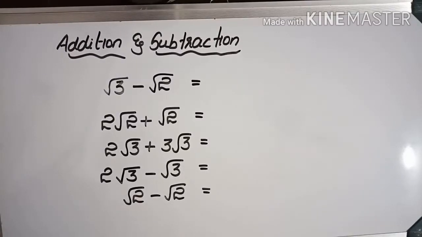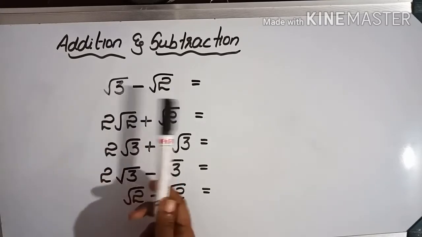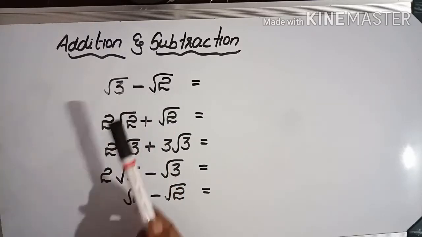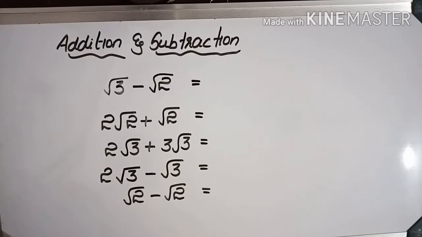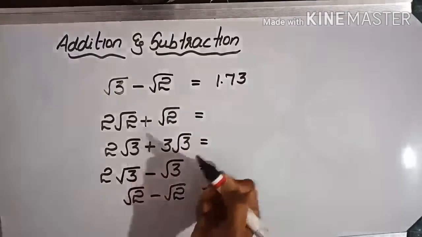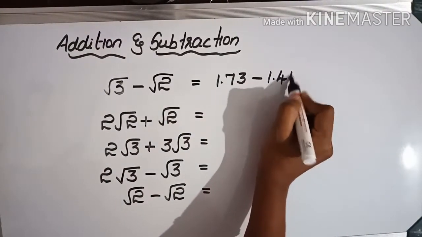Now let's check these ones. Here the first one is root 3 minus root 2. This also has two different numbers. 3 is different, 2 is also different. So root 3 minus root 2, directly it is not possible to subtract. We have to use the approximate value here. Root 3's approximate value is 1.73 minus root 2's approximate value 1.41.